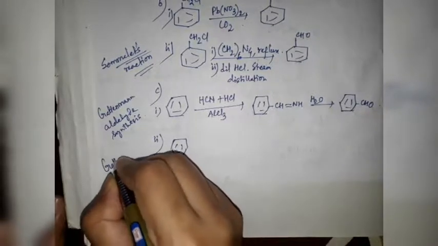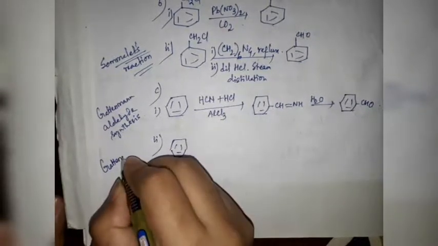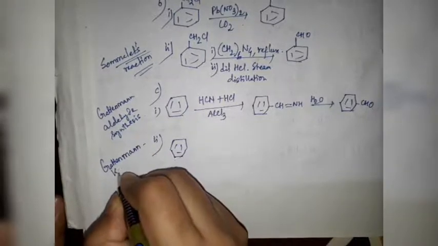Number 2, again from benzene we will produce benzaldehyde, and this is known as Gattermann-Koch aldehyde synthesis.